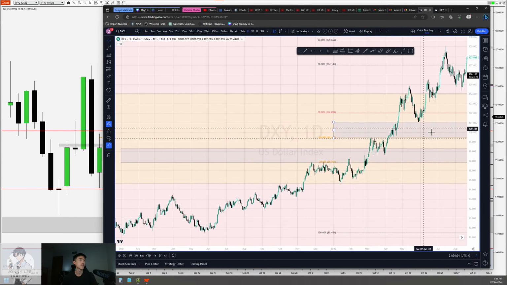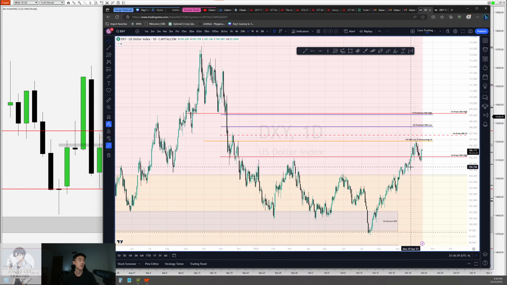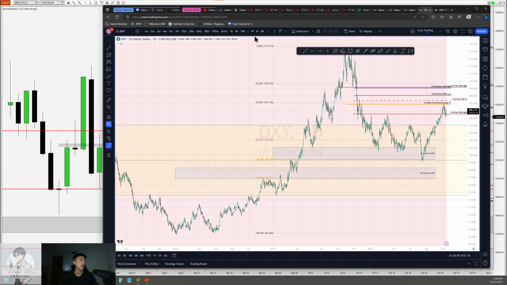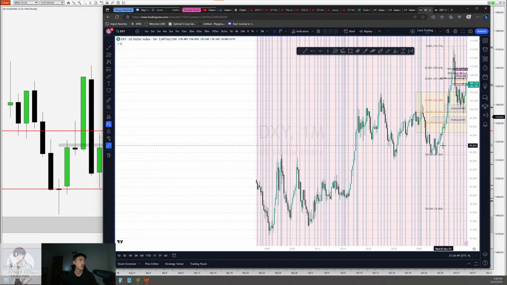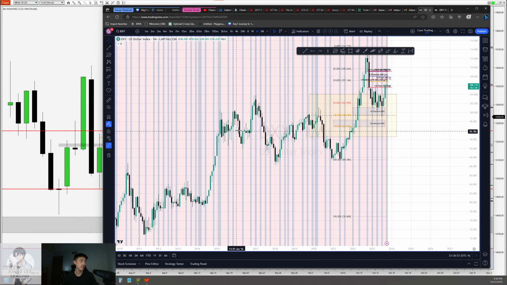And you know, we have not seen a major sharp decline to indicate that we're going any lower. So if we go up to the monthly chart, we can kind of see that we've continued to rise up. We've come down.